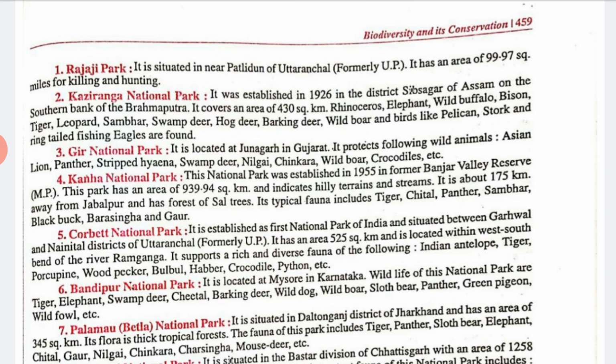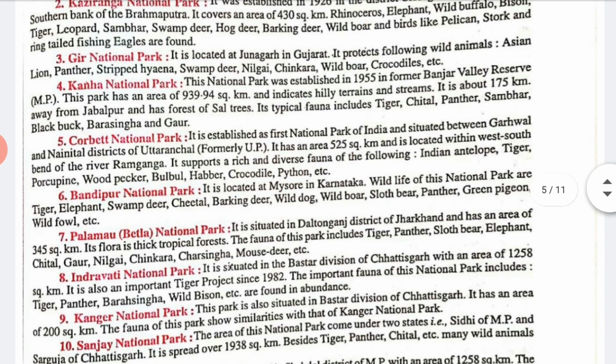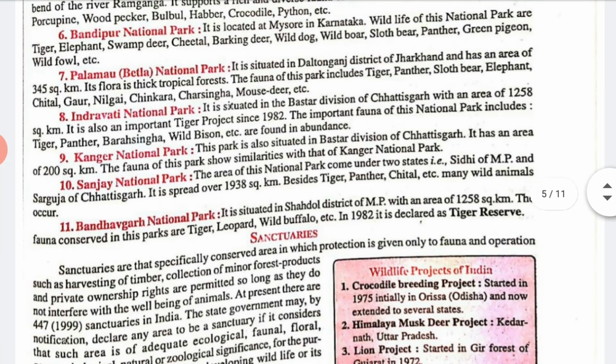Now in this way you can see here Gir National Park, Kanha National Park, Corbett National Park, Bandipur, you know. So in this way we have a number of national parks situated all over the country.